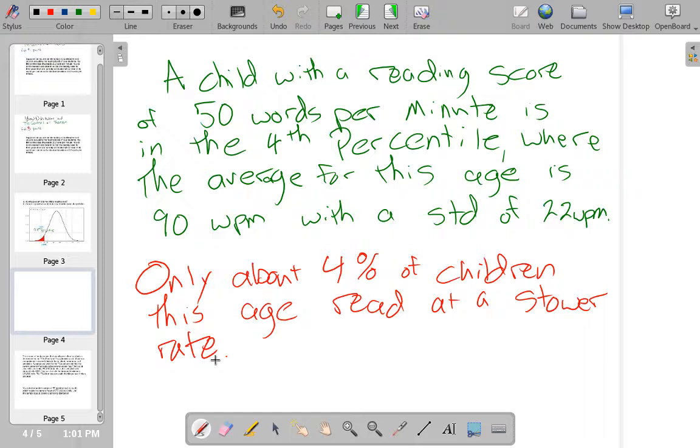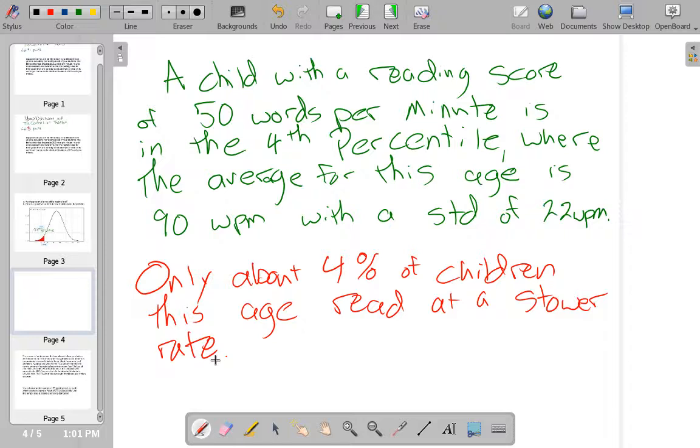So I would need to talk to the parents because this is a concern. So what would I tell them? Well, given that there's data on this from all across the country or world throughout many years, we know roughly how the reading scores are distributed, about what percent of kids read around the average and what percent of kids read way below the average or way above the average.